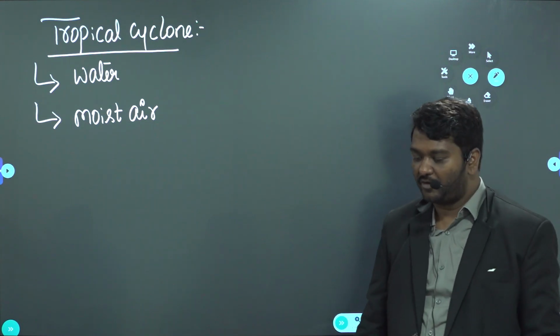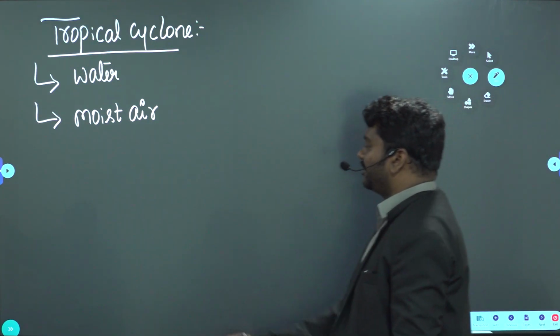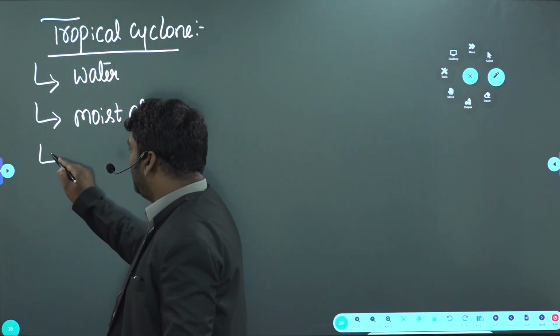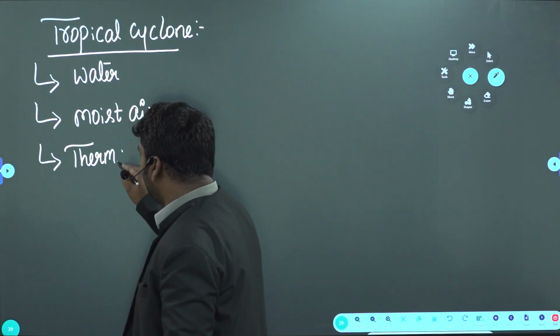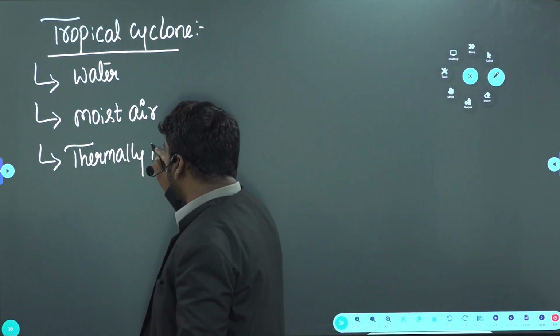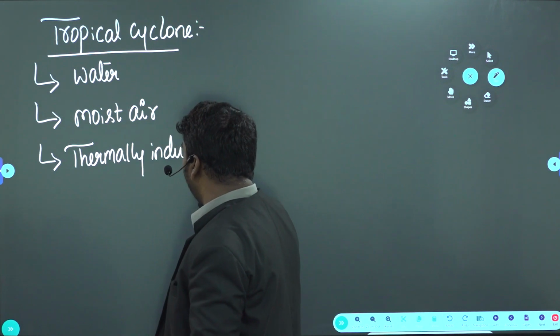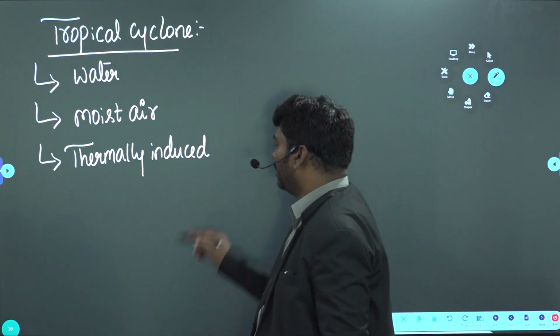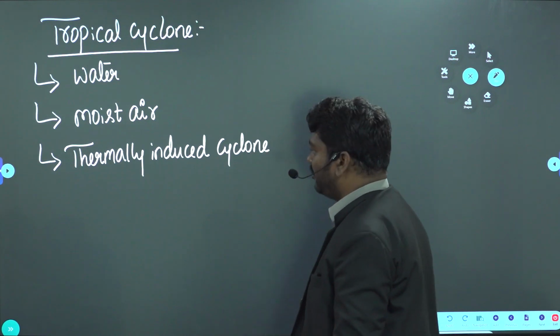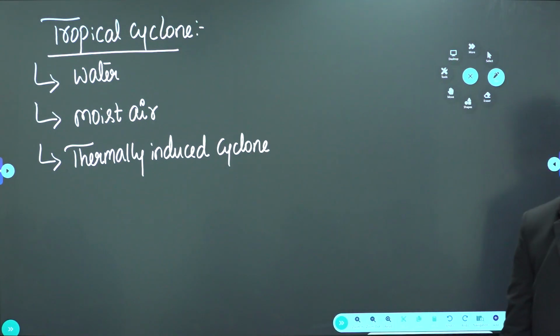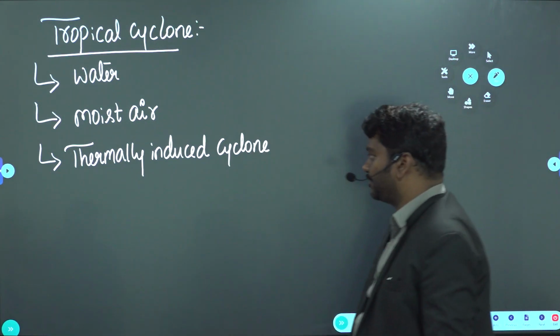Right? It requires moist air. It is formed due to high temperature. So we say it is thermally induced. That is due to high temperature, it is formed.